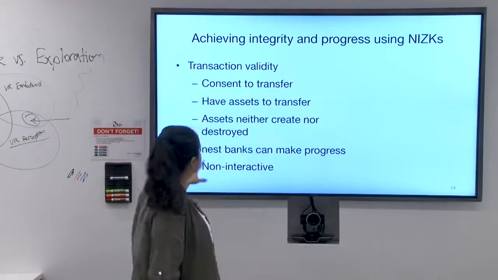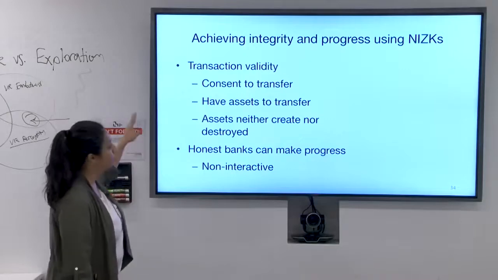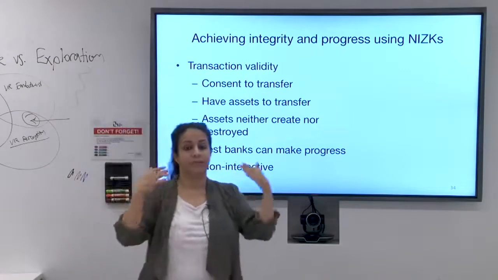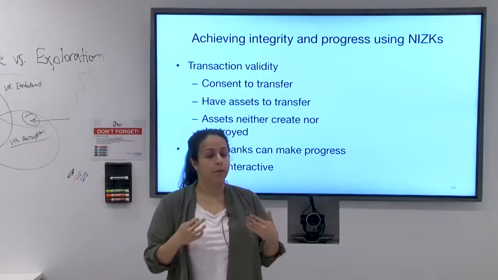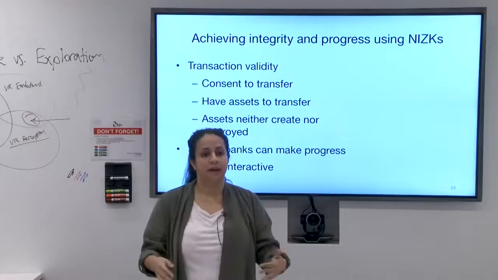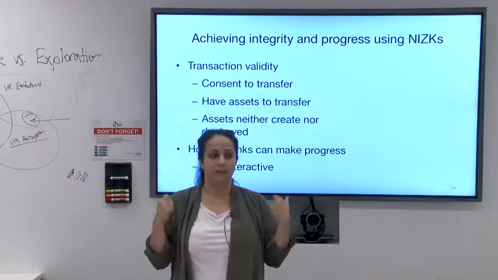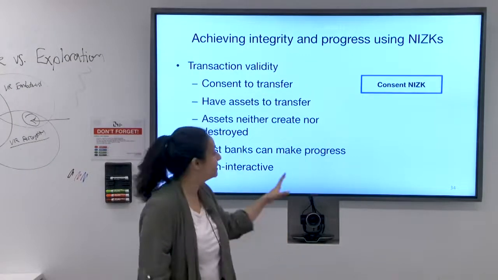So here are the properties we want to achieve with transactions. We want transaction validity. We want to make sure whoever is the spender, whoever has a negative amount in their column, actually consented to the transfer. And again, remember, in cryptocurrencies, where it's okay to reveal who the person is who's spending, we use a signature. In this case, we'll use proof of knowledge of secret key. So there's a consent NIZK.